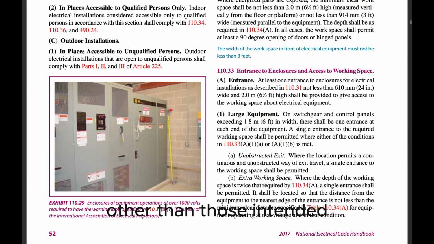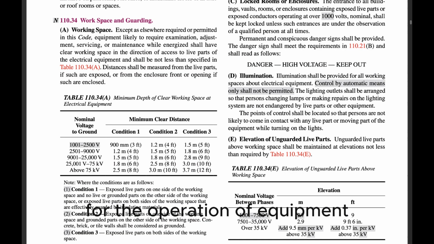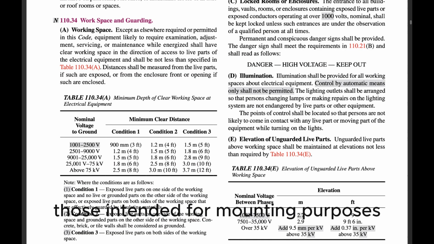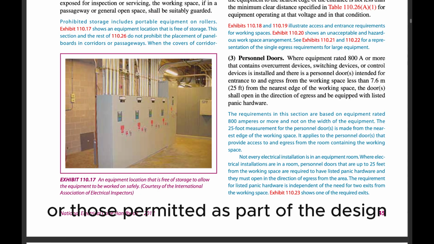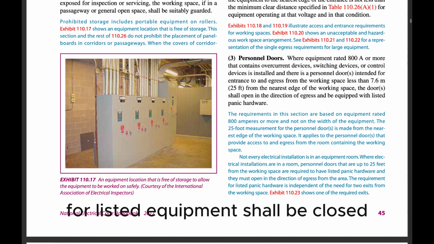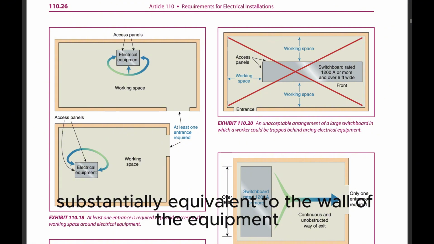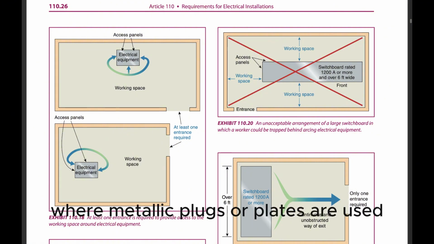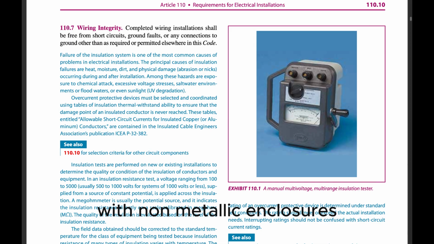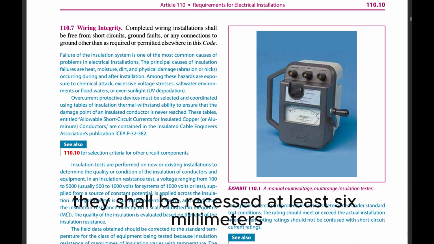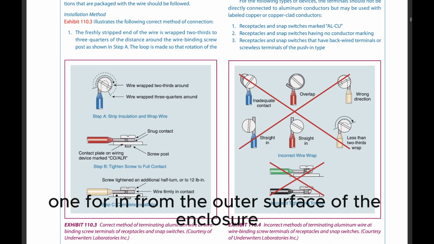Unused openings, other than those intended for the operation of equipment, those intended for mounting purposes, or those permitted as part of the design for listed equipment, shall be closed to afford protection substantially equivalent to the wall of the equipment. Where metallic plugs or plates are used with non-metallic enclosures, they shall be recessed at least 6 mm (1/4 in.) from the outer surface of the enclosure.